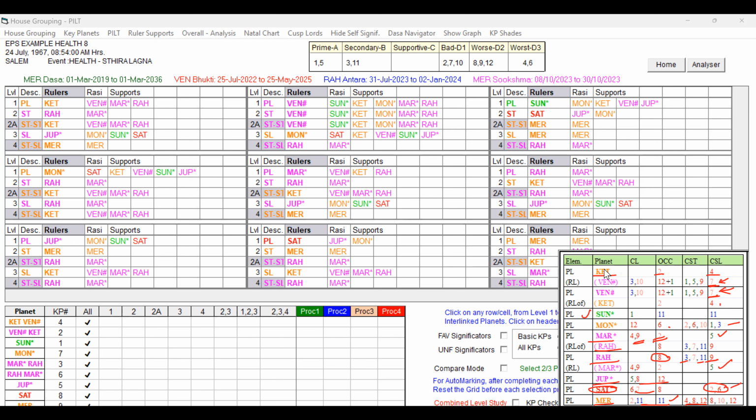The Lagna Lord is going to experience the star level planet Saturn, 6, 8, 2, 6, and the sub level Mercury, 4, 8, 12, strongly, and 8 and 12. So what is it indicating? Sun, the Lagna Lord, is liable to face strong health issues that can lead to some defects.